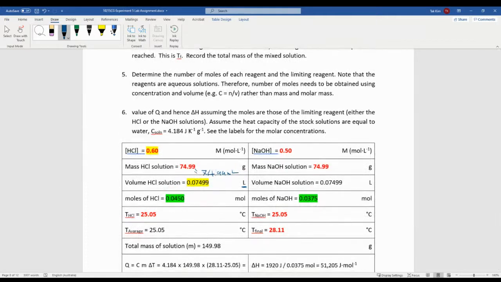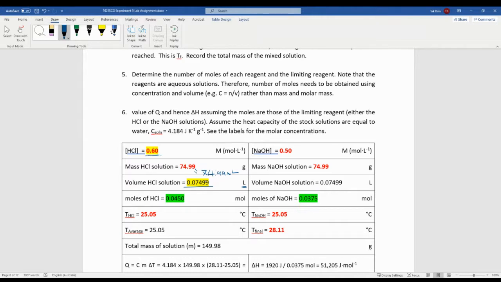So using the volume and molarity, you should be able to calculate the number of moles. Since we are dealing with a solution, in this case you will need to use concentration times volume in liters. Otherwise, if you use mass over molar mass, you are including the mass of your chemical plus the mass of the solvent, which is water.